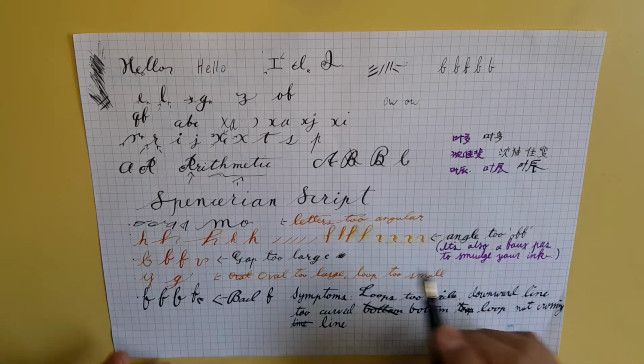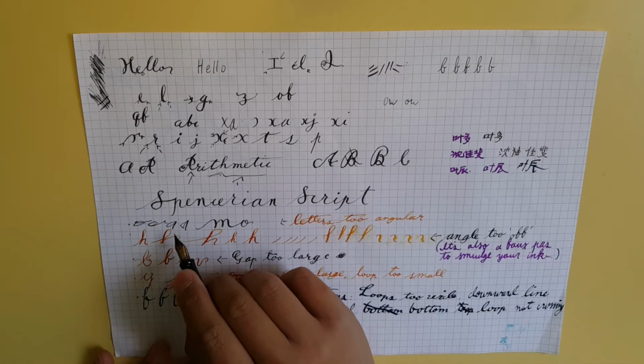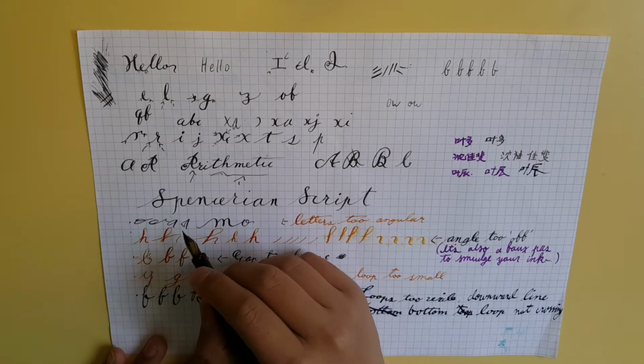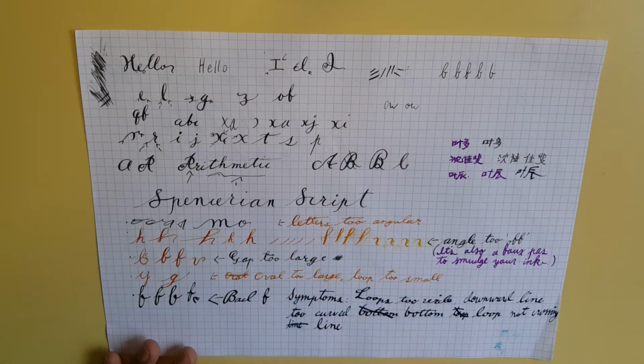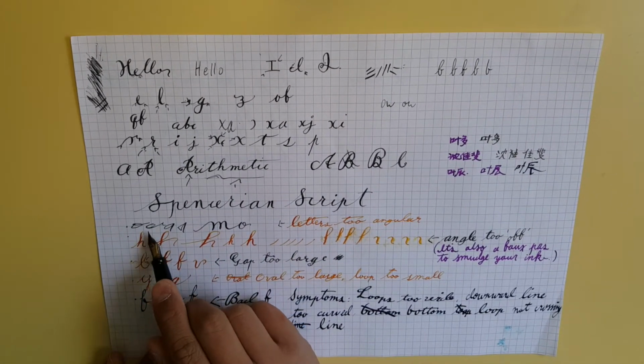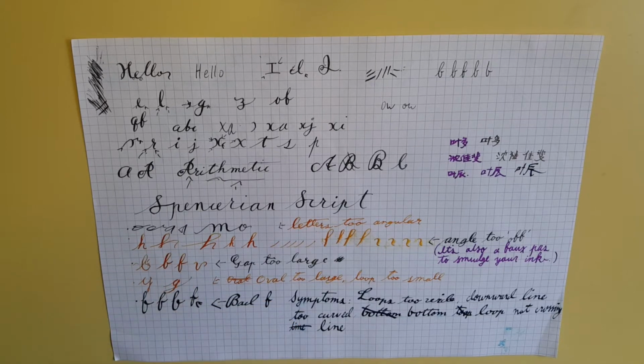So the first mistake, having letters that are way too angular, like this O here or these A's, which I wrote them, but the definition of how to not conduct yourself in Spencerian script, because obviously all the letters are flowing, smooth, curved.